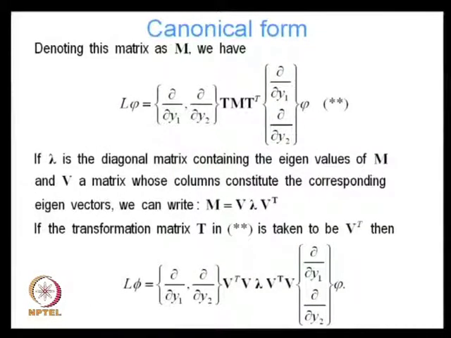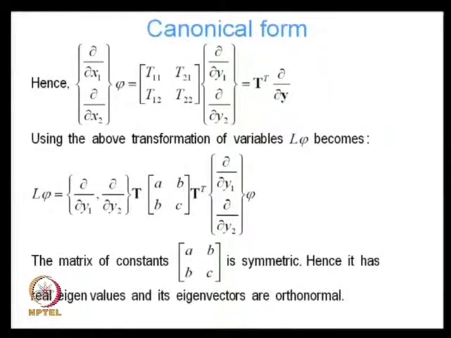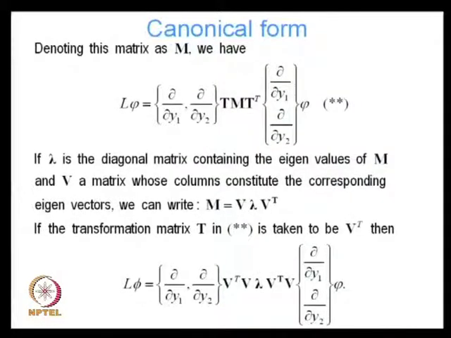denoting it as M, right? Denoting it as M, I can write it as T M T transpose, right? I'm just rewriting that equation after replacing this A, B, B, C by M, right? But then the interesting part follows. Because M is a symmetric matrix, I can do a spectral decomposition and I can write it as V lambda V transpose, right?